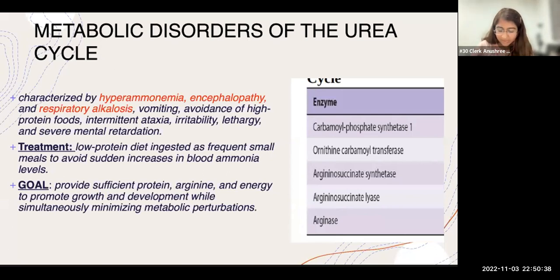So remember, guys, whenever there is buildup of ammonia in your body, the patient would be tachypneic. That is one of the differentials you should always take note of: if the patient coming to you is tachypneic, always try to rule out a urea cycle disorder.